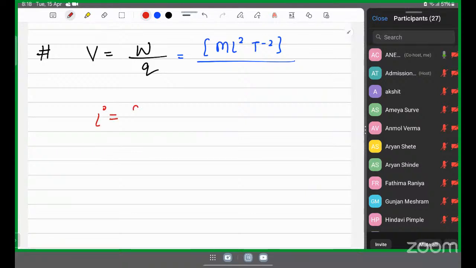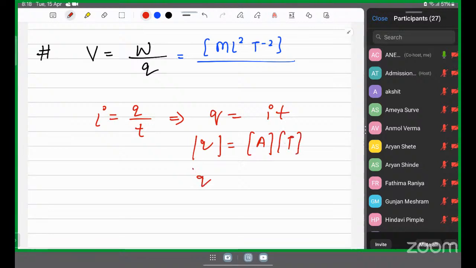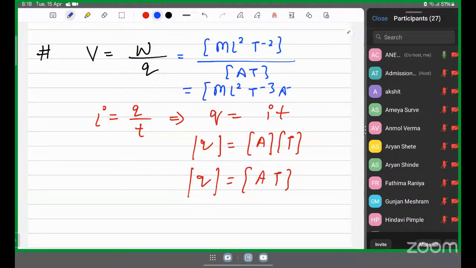Since I is equal to q by t, q can be taken as I times t. So dimension of q will be dimension of current times dimension of time, that is AT. So if you divide by AT here, dimension of potential V will be ML2T minus 3 A minus 1. Understood?